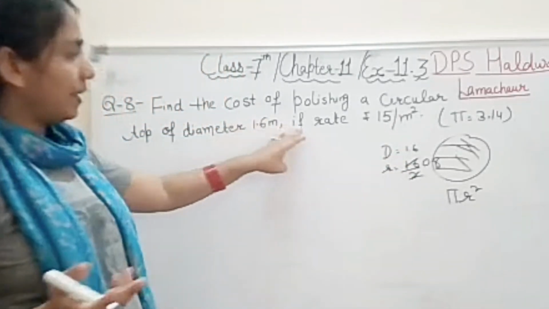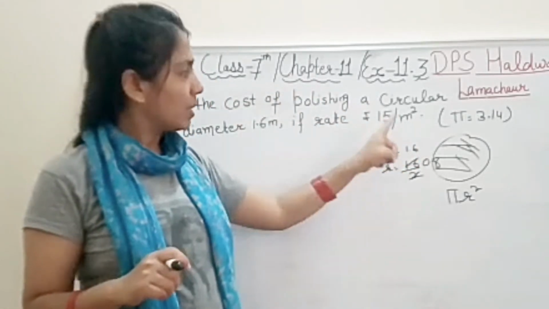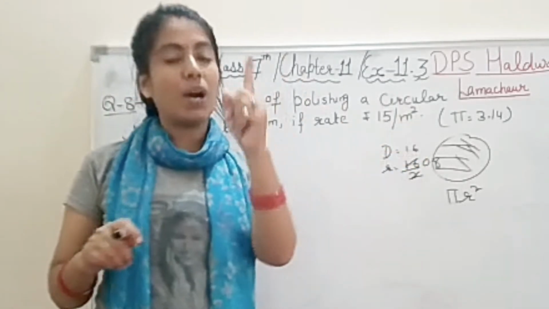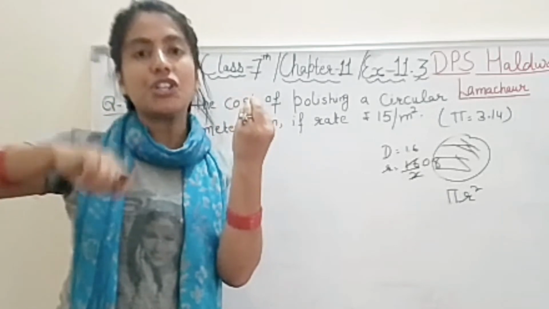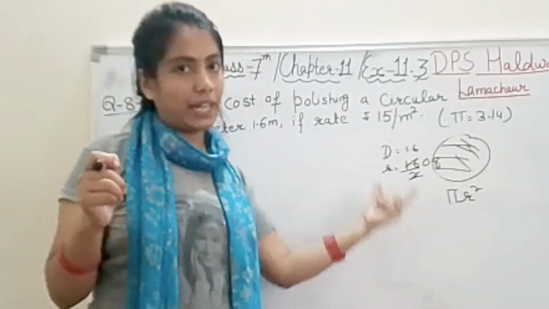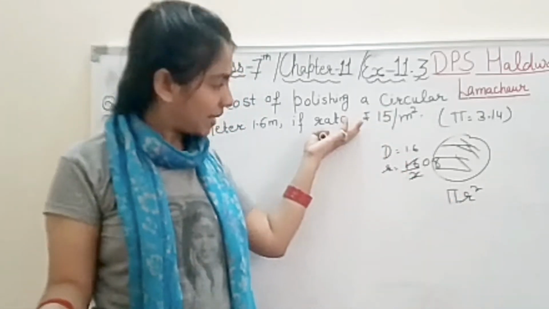And the rate is given to you. Because you have to find the cost, the rate is given as rupees 15 per meter square. It means for 1 meter square area, the cost of polishing is rupees 15. So whatever the total area is, that will be multiplied by 15. Everyone knows this, right, student?